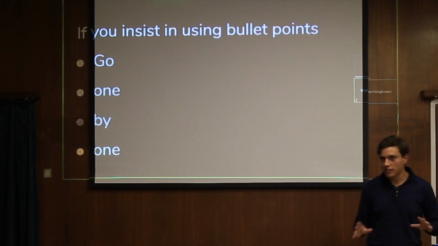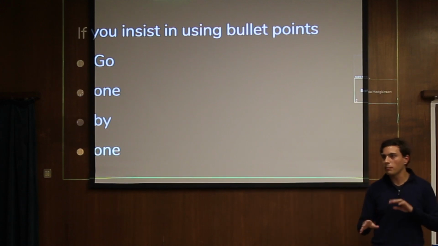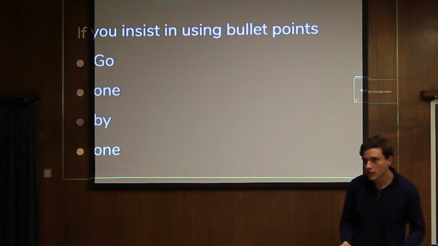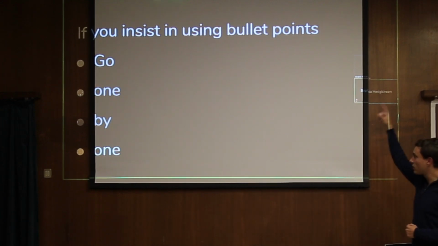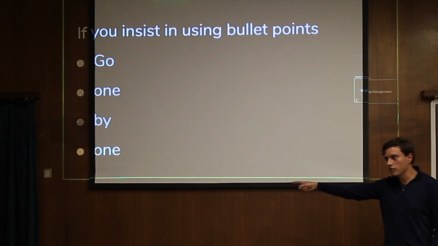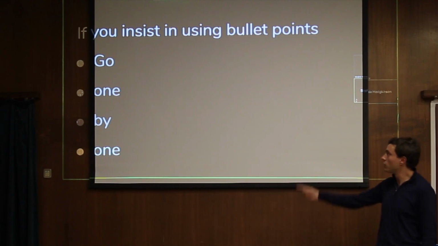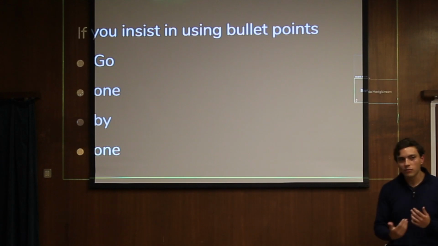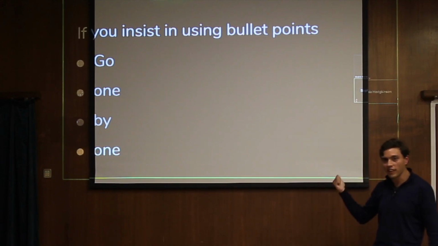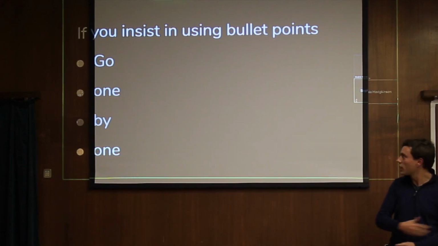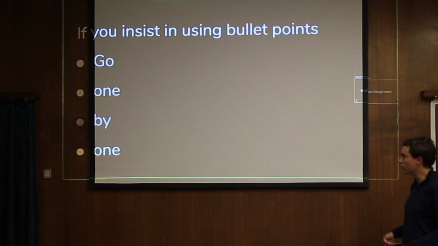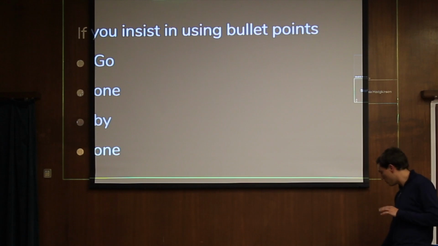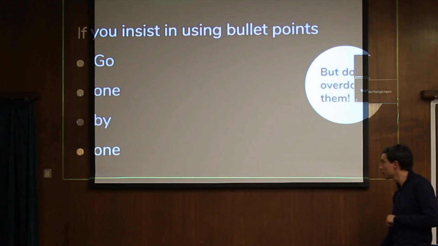What happens is, and this is proven, that we read about 3 times faster than how we speak. So you are on the 15th bullet point, you already read everything, and I'm on the first. So, you will probably be very bored that I'm talking again about the thing you already read. So what's the point of showing everything like this? There's no point of doing that. So try not to do bullet points, and if you do, don't overdo them, please.